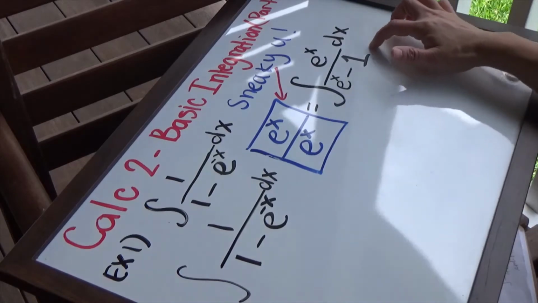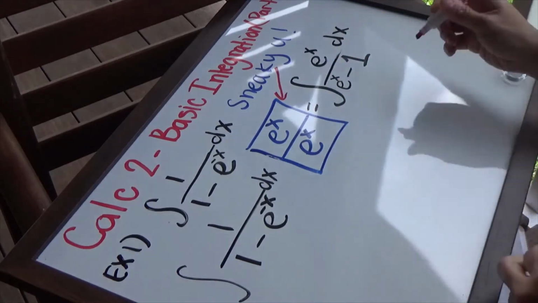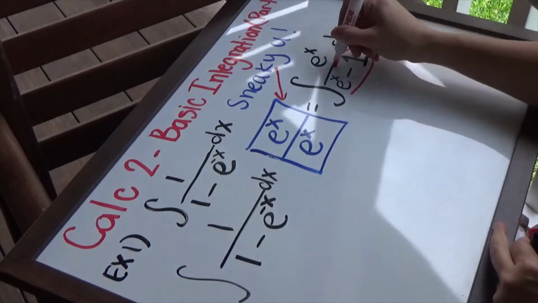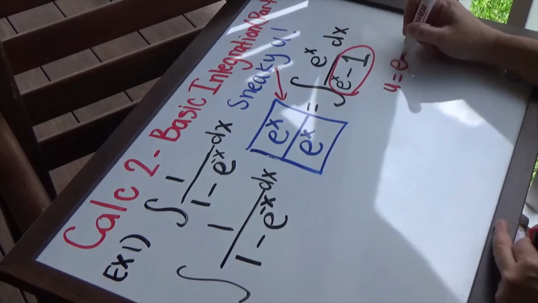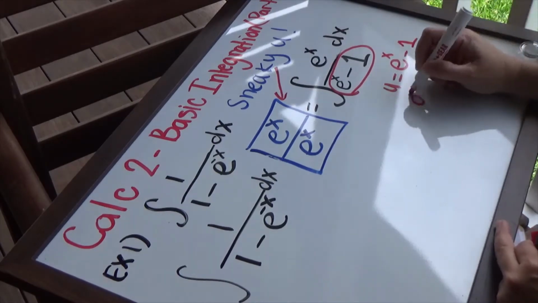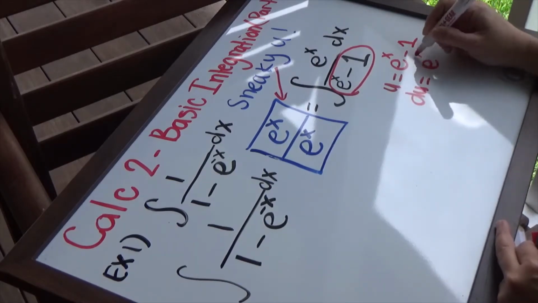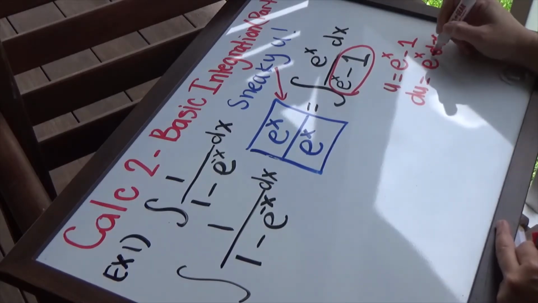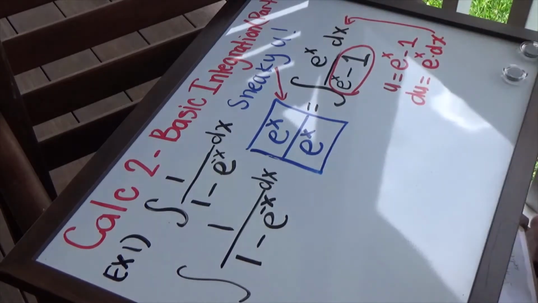Now you can let u be that. Okay, so from there we would say, hey, I'm going to let u be e to the x minus 1. Then du is going to be e to the x dx, which is that right there.